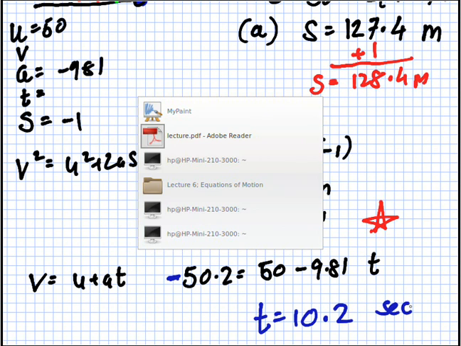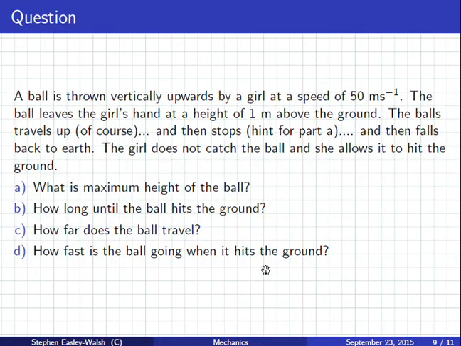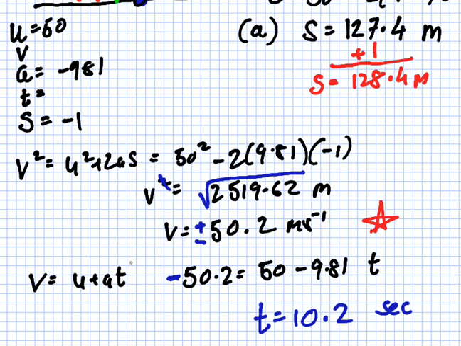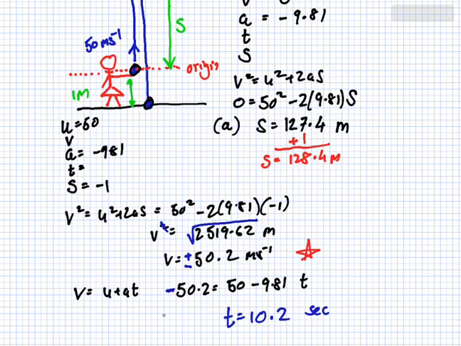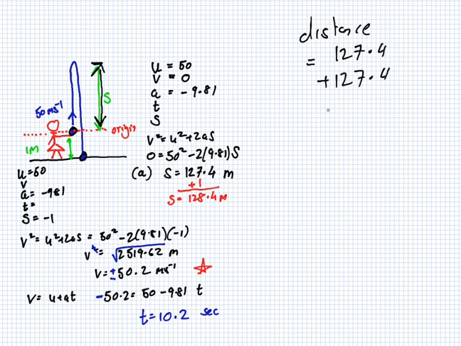Have I answered everything in that now? Was the last thing the time? Or how fast and how... Oh no, the last thing is how far does the ball travel? Well, actually you don't need any special maths to work out how far the ball travels. The distance would equal... what was this distance here? 127.4 plus 127.4 plus 1.